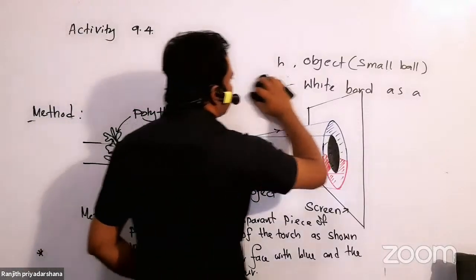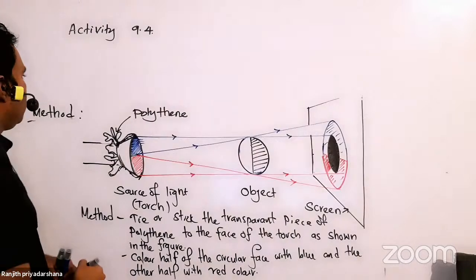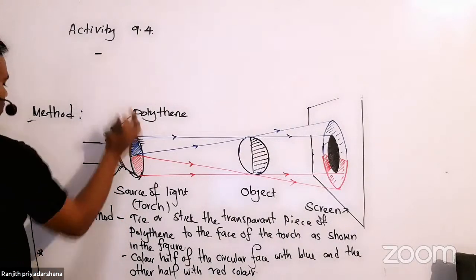Light up and direct the torch towards the object. Next step, so that's under method, okay?